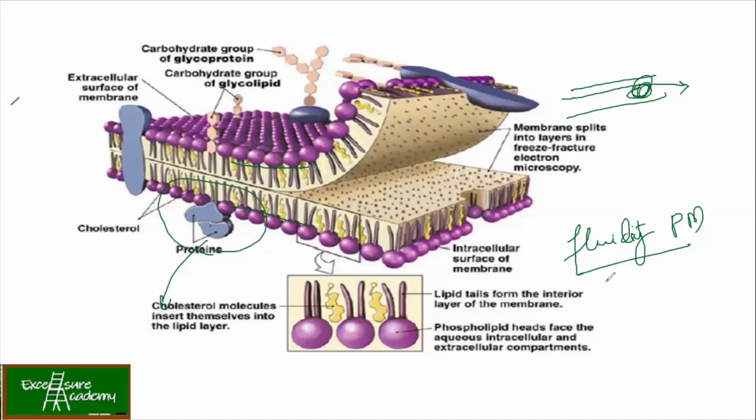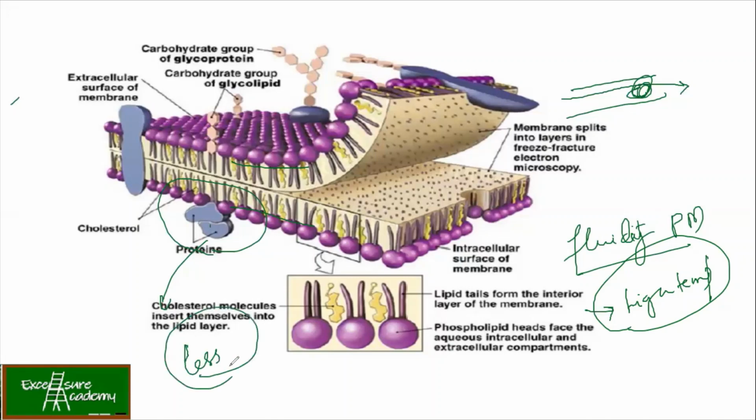If your cell is present at high temperature, at that time the cholesterol should be less, because the more the cholesterol, the more the fluid-like property of the plasma membrane. So at high temperature I need less cholesterol, otherwise my plasma membrane will become just like water. What will happen if it becomes more fluid? It is easy for the cell then to lose all the components, right? It will drain off.